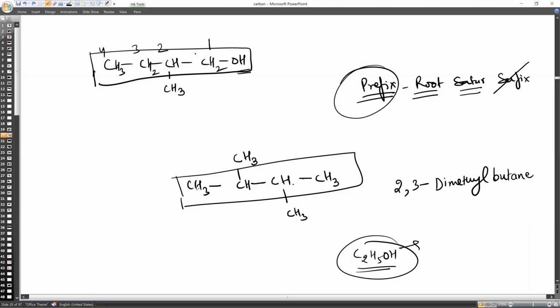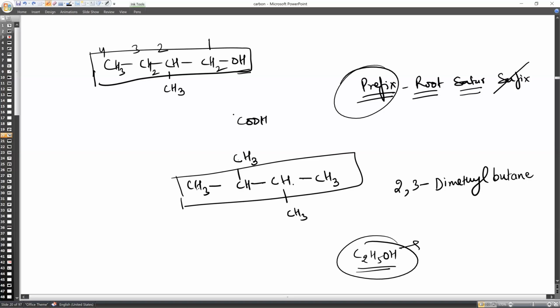First of all, we will do the numbering. Numbering should be done in such a way that the functional group gets the lowest possible number. If the functional group has its own carbon like CHO, then its carbon should be given the lowest number. And this carbon should be in the chain also. You need to keep in mind that this carbon should be in the chain also.